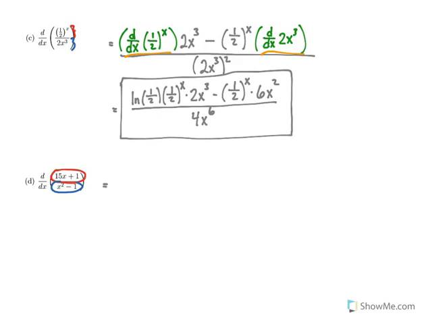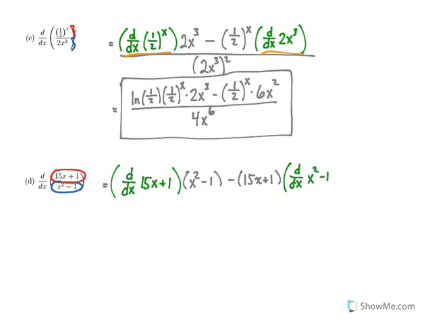So, using the quotient rule, we have the derivative of the top times the bottom minus the top, and make sure that you have parentheses each step of the way here, otherwise it wouldn't be correct, times the derivative of the bottom all over the bottom squared.